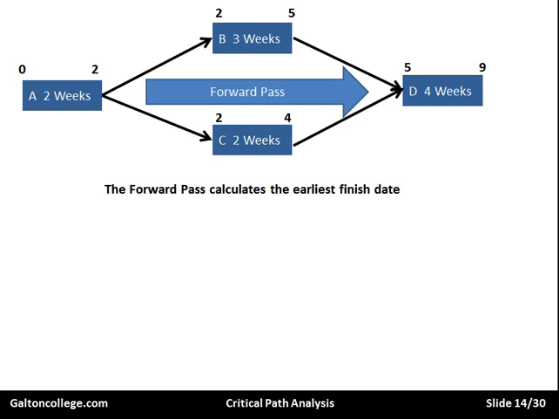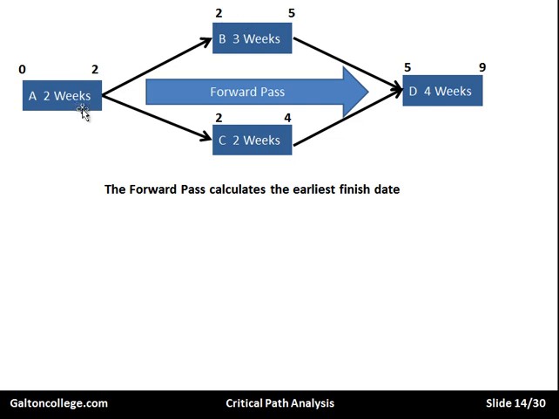Now, D, we carry down to 5. Now, let's look at this for a second. We have B and C, 2 of them going into 1. So 2 feeding into 1, 2 or more feeding into 1. We always take the largest number. Over here we have 1 feeding into 2.